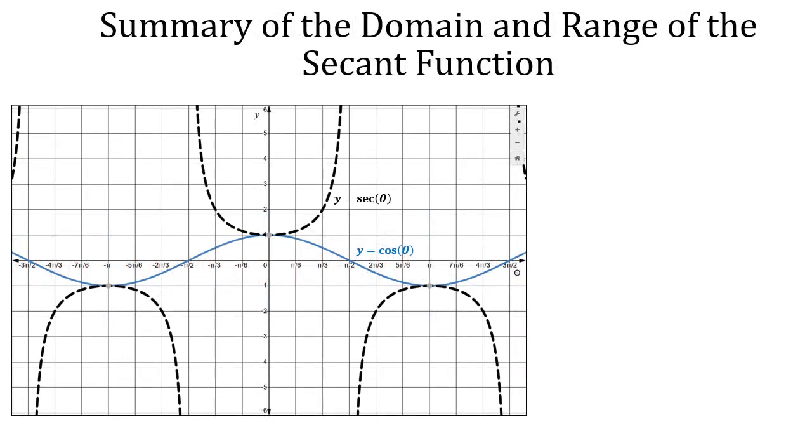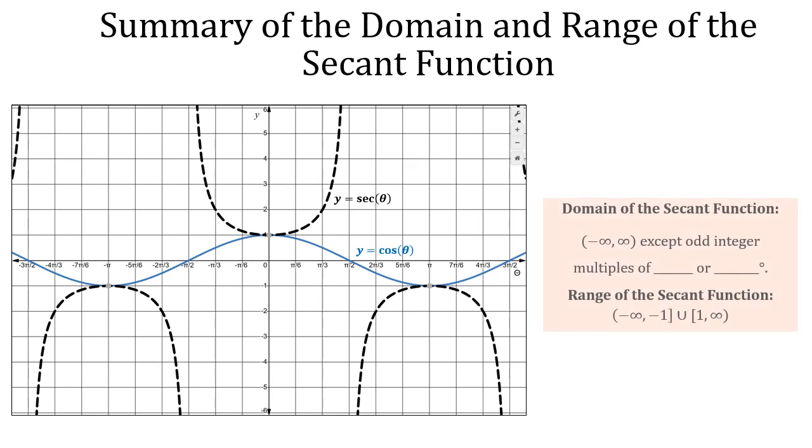Now let's take a look at the domain and range of the secant function and summarize some findings. The domain of the secant function is all real numbers, and we can see that the exceptions to that are at the vertical asymptotes. And I see a vertical asymptote on the left at -1 pi over 2. I see another vertical asymptote at +1 pi over 2. 2 pi over 2 would actually be pi, and there is no vertical asymptote there.